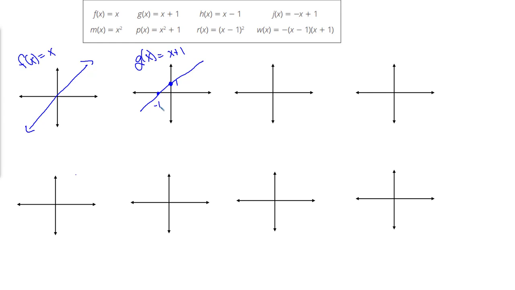And this point right here, the x-intercept, will be -1. So here, what's our y-intercept? Negative. And my slope is still +1.